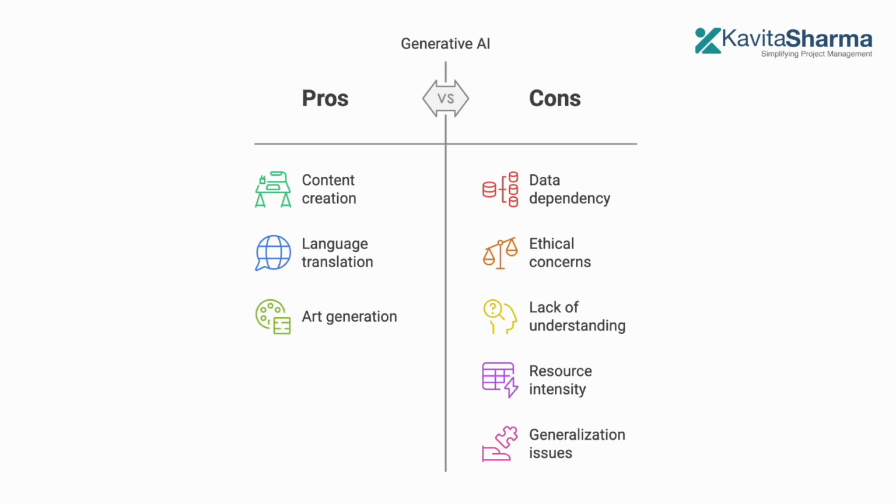You would have seen cases where the data is copied from the Times website or Wikipedia and so on. It does not understand the data, it will just copy and paste based on the patterns. It eats up resources, so it requires a lot of computing power. And any content which I generate through AI has a generalization issue, meaning it is available on the web somewhere. So it cannot think on its own. That's the problem.